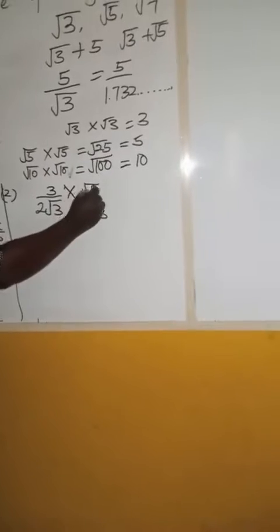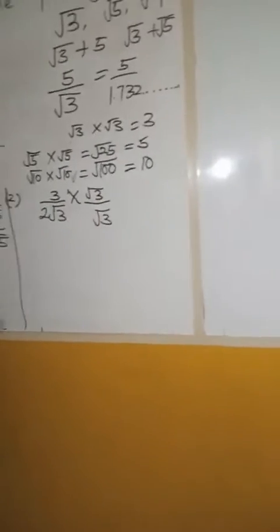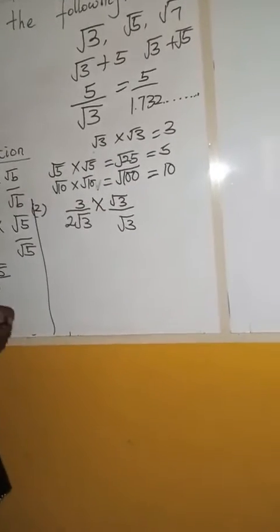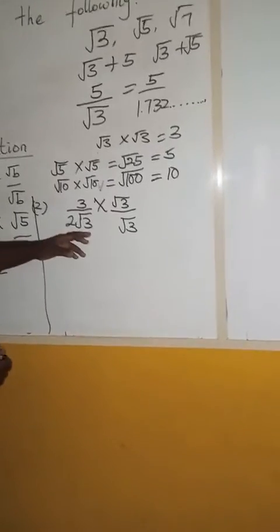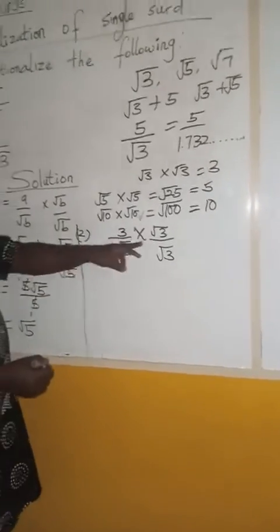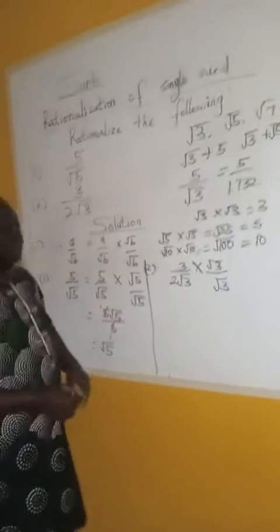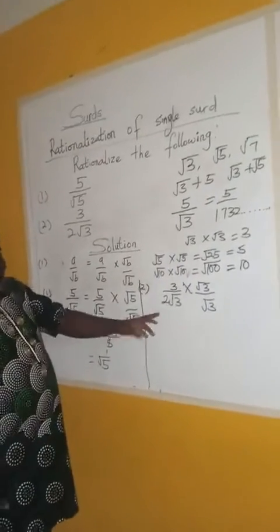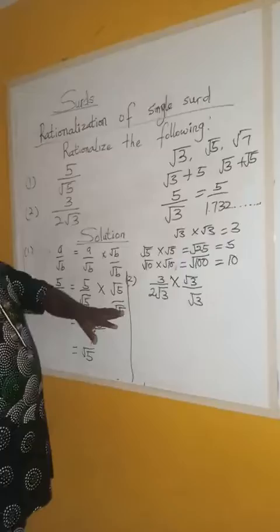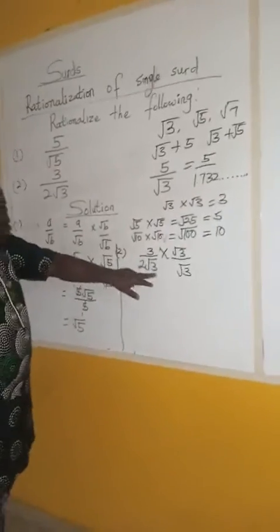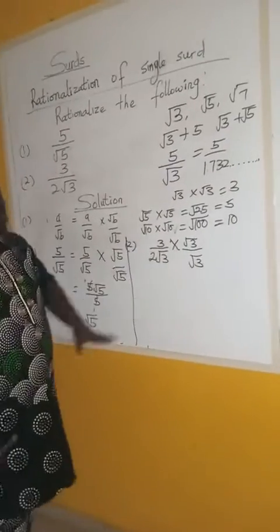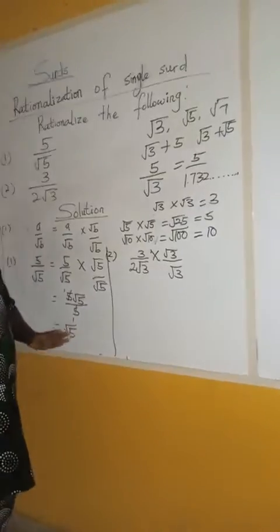I have to multiply this one also by root 3. So this is now 3 over 2 root 3 times root 3 over root 3. You don't need to use these constants to multiply. What you need is the surd. Whenever you multiply the surd by itself, you get a rational number.